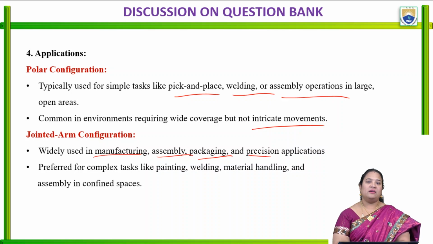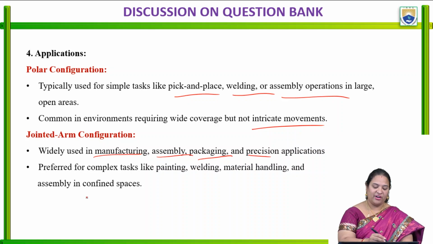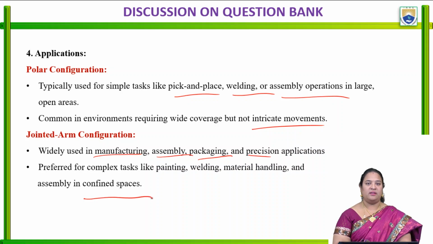This type of polar configuration is not used for intricate movement, whereas the jointed arm handles complex tasks like painting, welding, material handling and assembly in confined spaces.